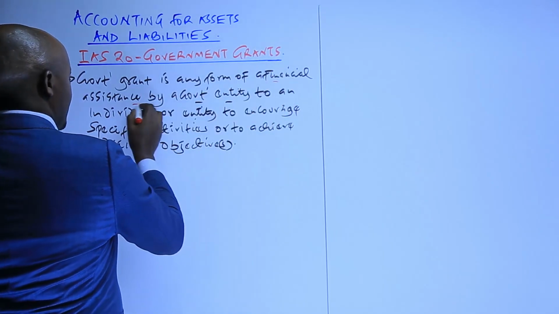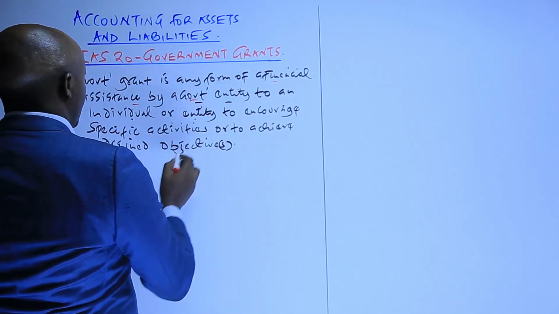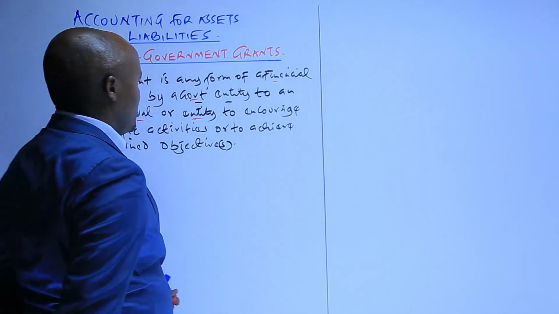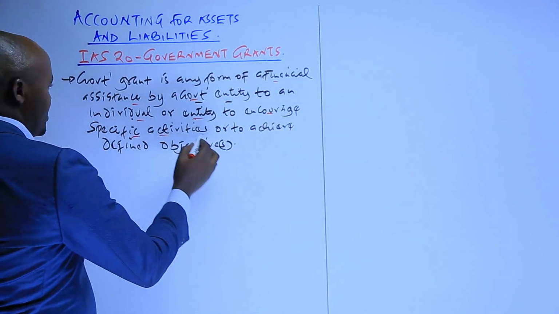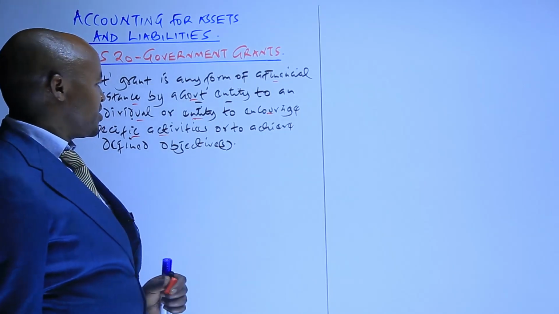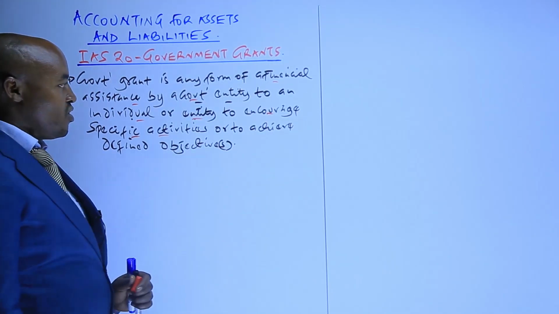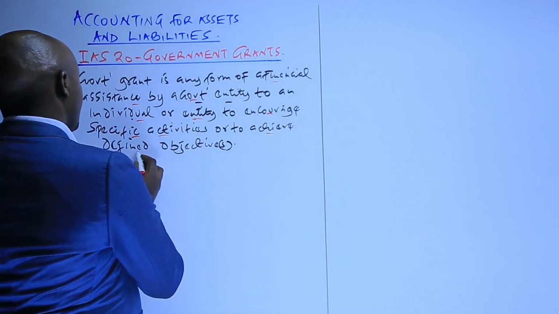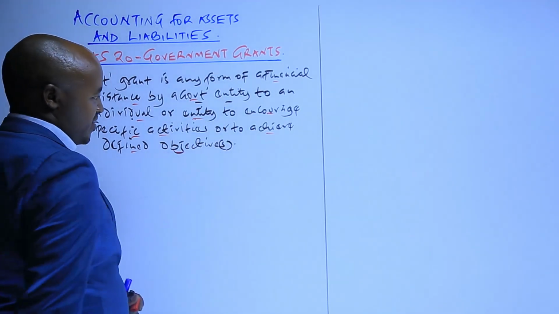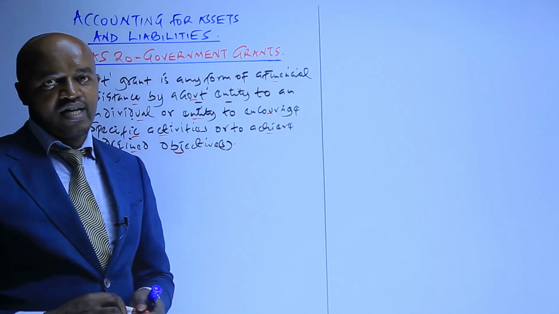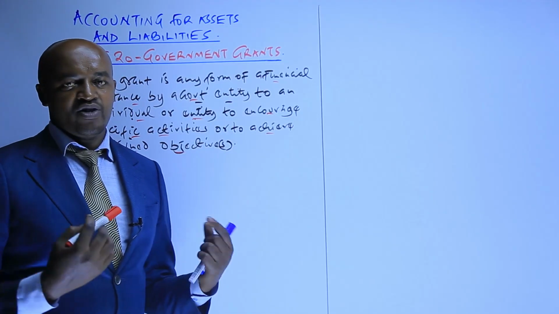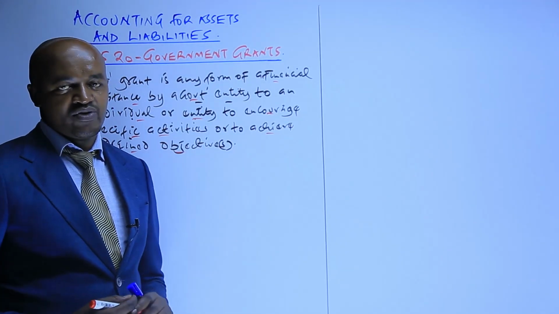Any form of financial assistance from the government which is given to an individual or an entity or even an organization to encourage a certain activity which is undertaken by that particular organization or that individual, or to achieve a defined objective. For example, an organization can receive a government grant to undertake a project which by the end of the day will be benefiting the society.